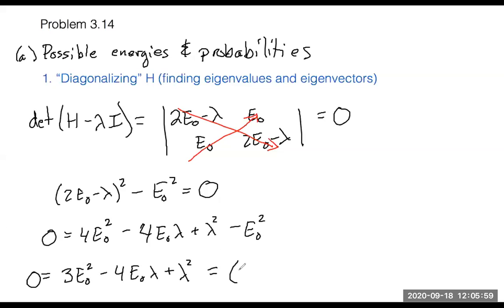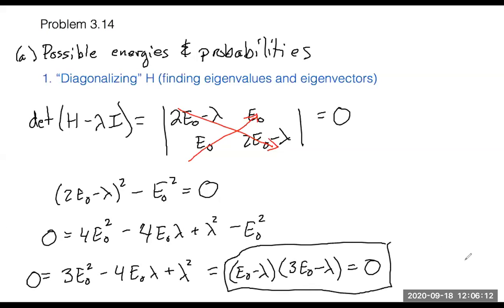This is equal to, if I factor it, E naught minus lambda times 3E naught minus lambda, equals 0. This is my characteristic polynomial. So I have two cases. Case one is when lambda equals E naught. I am then going to find the eigenvector associated with this particular case.